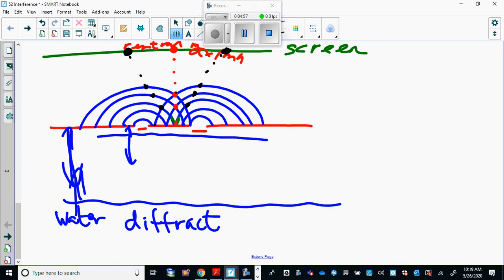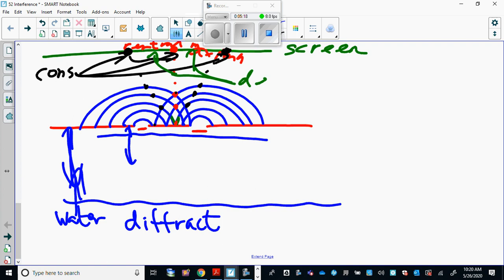What's in between here? Well, that is where a crest meets a trough and you get complete destructive interference. So the constructive, there, there, there. And in between those, you get complete destructive interference where a crest meets a trough.